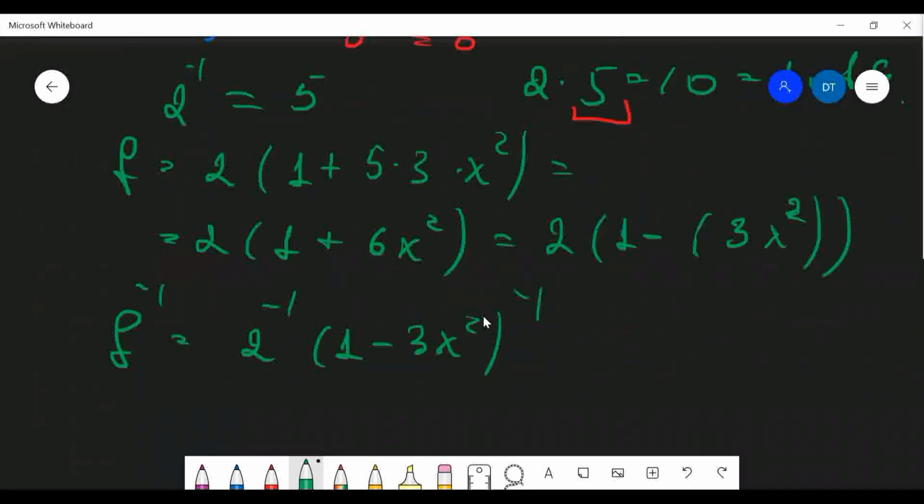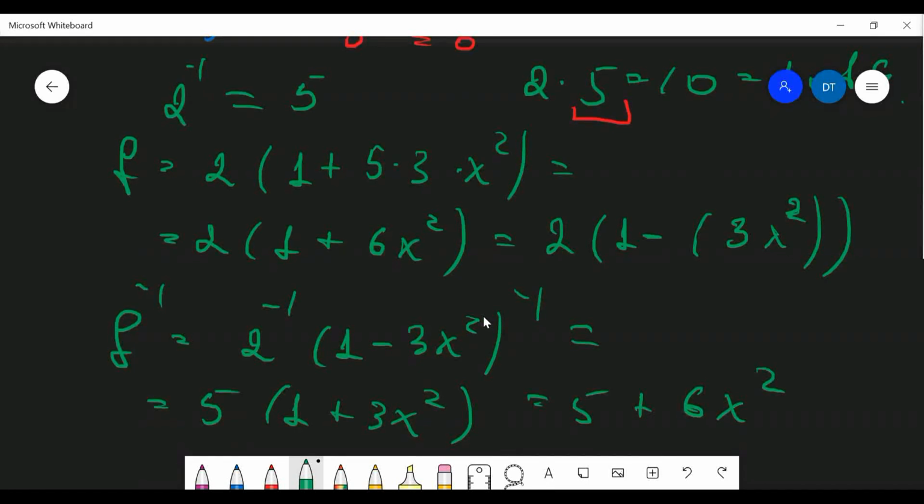The order doesn't matter because the ring is commutative. And the inverse of 2 is 5. And the inverse of this guy is just 1 plus 3x squared, plus this guy squared, but this guy squared is already 0, so we have no other summands. And now we have 5 plus 15, and 15 was 6. And this is the answer.